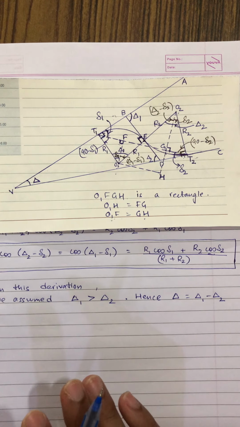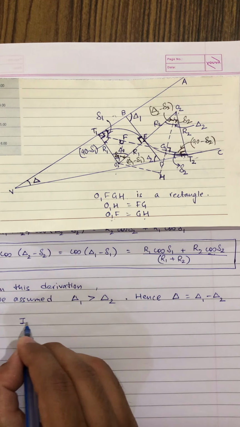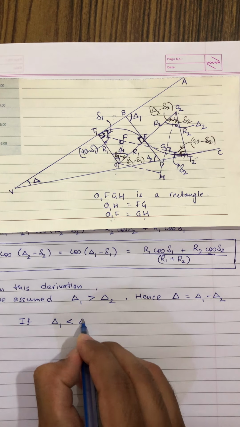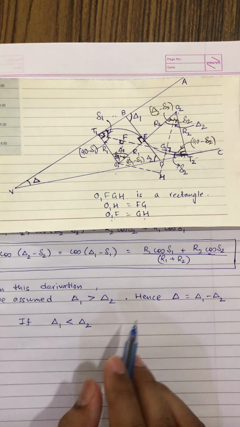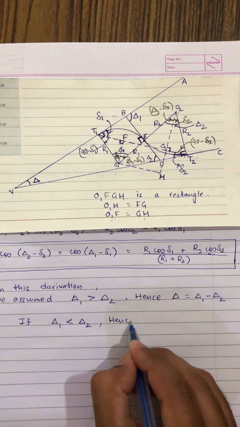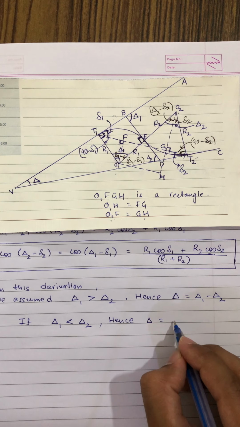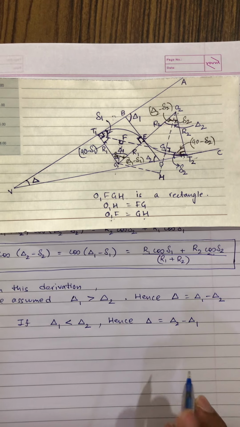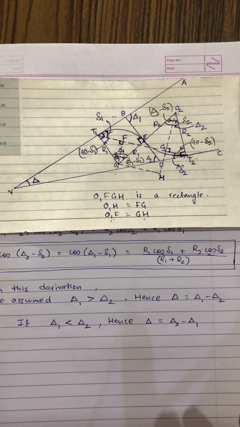But if we assume that delta 1 is less than delta 2, then delta will be equal to delta 2 minus delta 1. This you have to keep in mind.